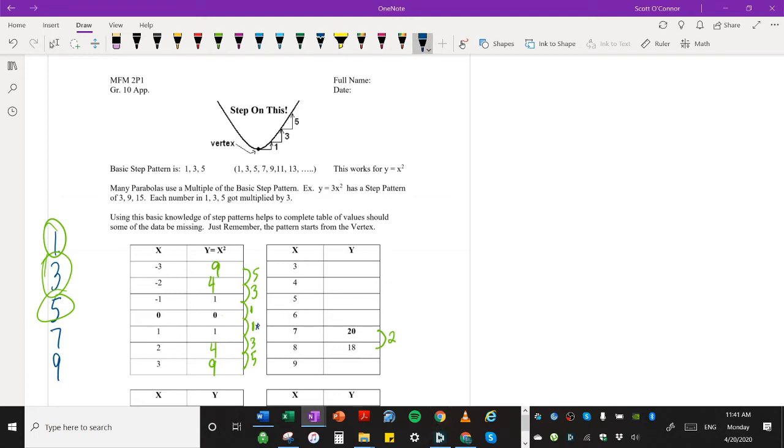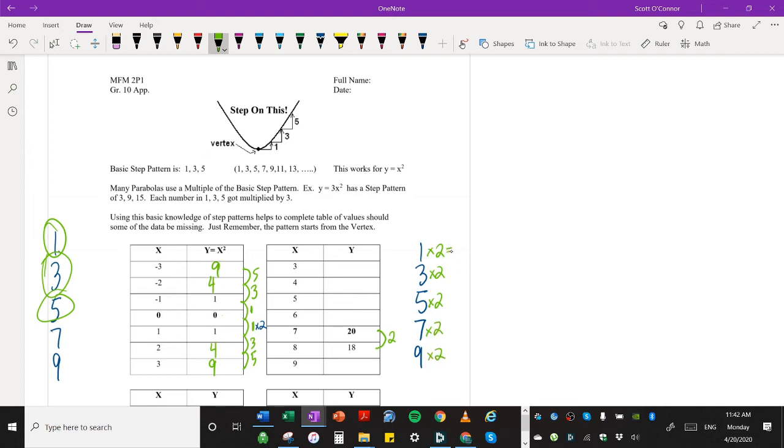We had to multiply by 2, which means we have to multiply all the terms in the pattern 1, 3, 5, 7, 9 by 2. So I'm going to write, and as a habit, you should write out the base pattern over here, and we multiply every part of the pattern by 2.